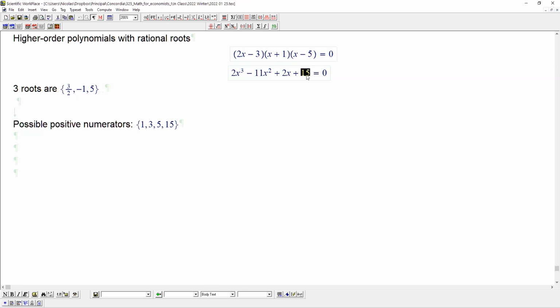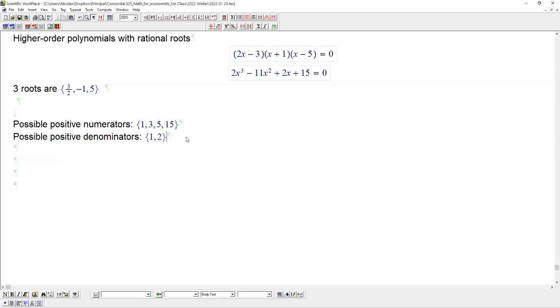Because this is 15. All the possible denominators: I have a 2 here, so that's quite easy. I have only 1 and 2.